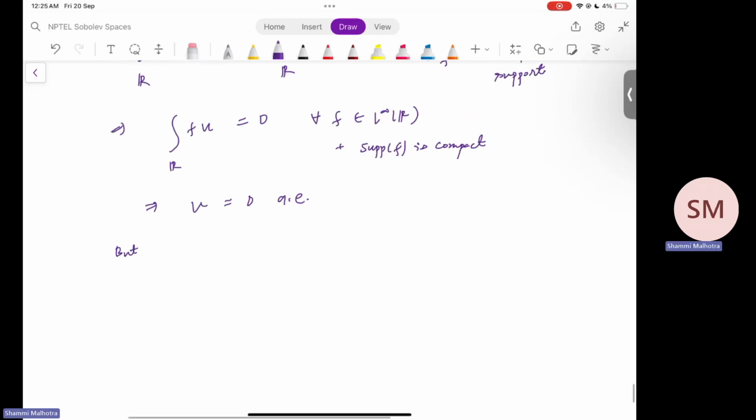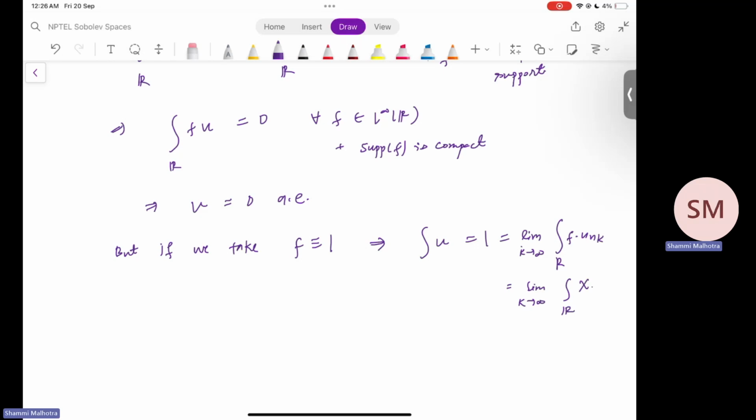But if we take f to be identically 1, this will imply that the integration of u has to be equal to 1, because the integration of u is nothing but the limit as k tends to infinity of the integration of f times unk over R, which is nothing but the limit as k tends to infinity of the integration over R of the characteristic function of [nk, nk plus 1].